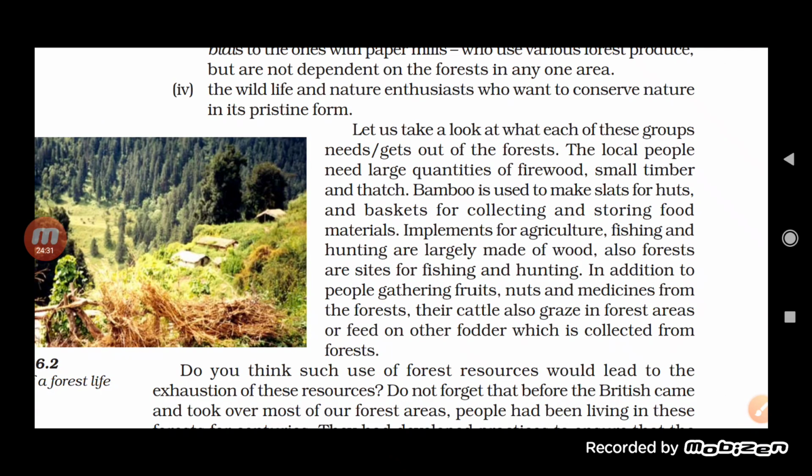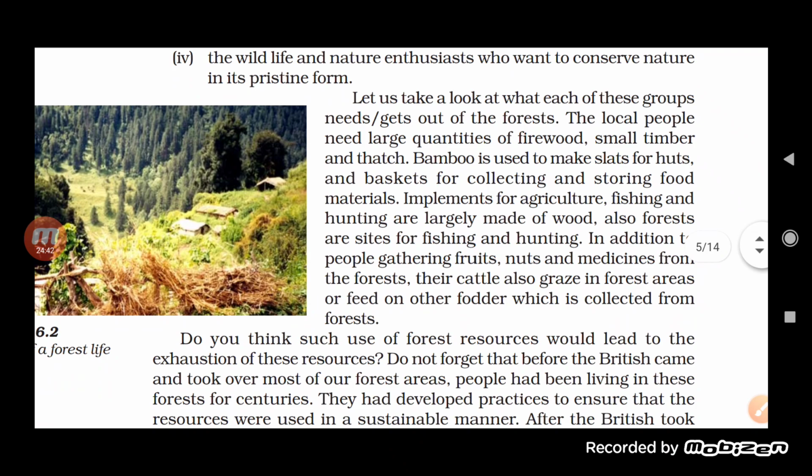Now let us look at all four stakeholders, and why they need the resources. So the first one is the local people. We have said these are the people who live around the forest.